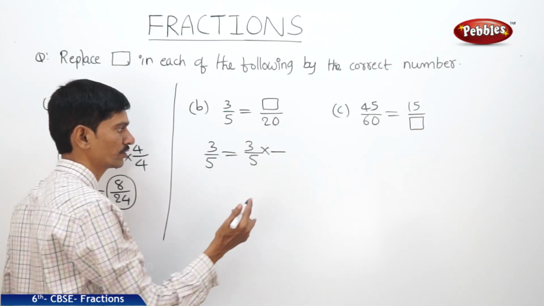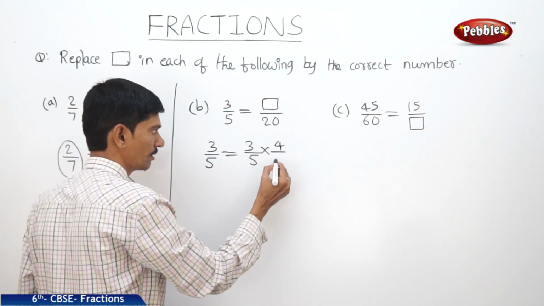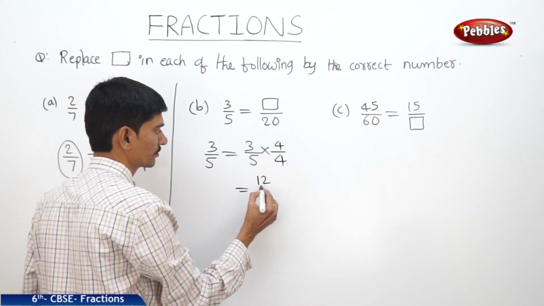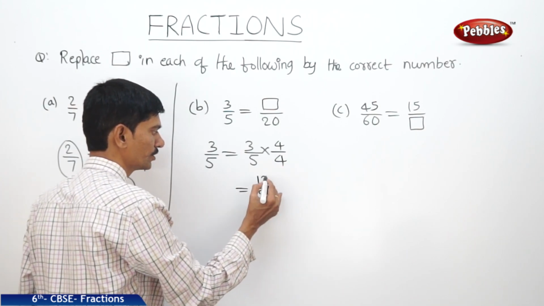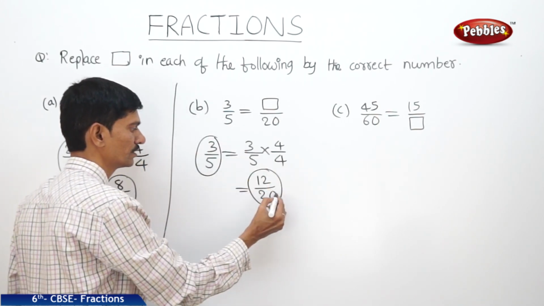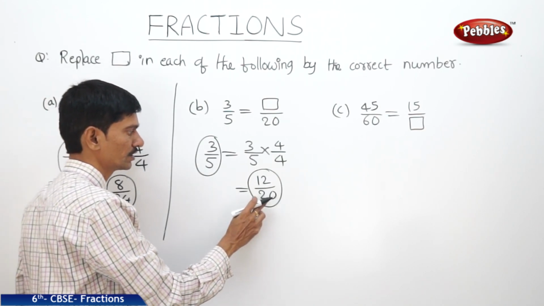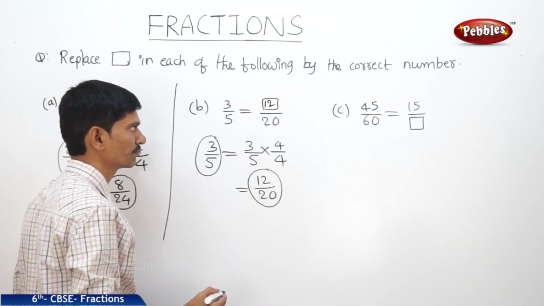So it is 4 times, 5 4s are 20. So we multiply both numerator and denominator by 4. So then we get 3 4s are 12 by 5 4s are 20. So when the denominator is 20, the numerator is 12. Here 3 by 5 and 12 by 20 are equivalent fractions. So the box number is 12.